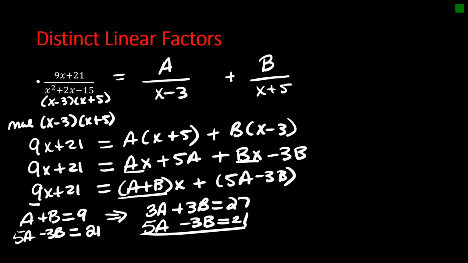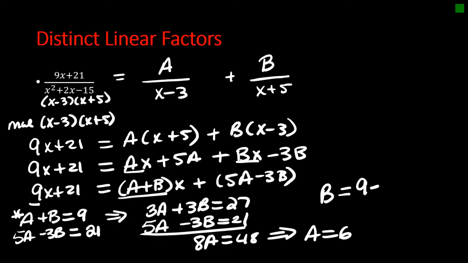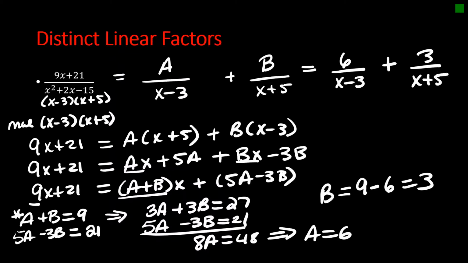When I add, I get 8A equals 48. And when I divide both sides by 8, I have A equals 6. So now I need to find B. A plus B is 9, means B is 9 minus A, which is 6, so B is 3. So my partial fraction decomposition is 6 over x minus 3 plus 3 over x plus 5.